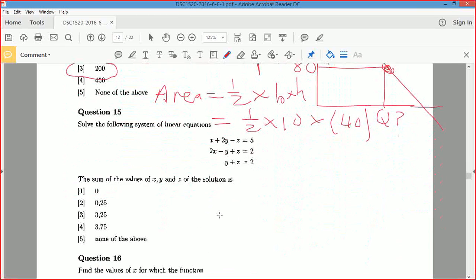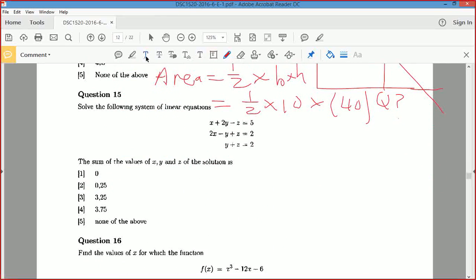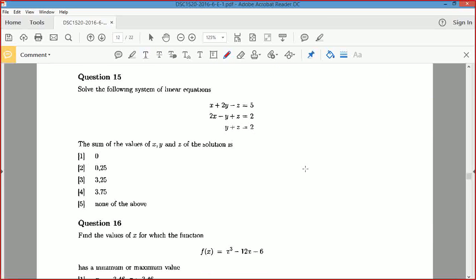Right. Okay, we've got simultaneous equations here. Solve the following system of linear equations. I've got 3. What's the trick when you have 3? Don't you have to get rid of one? Correct. Get rid of one of the 3 variables. So remove x.